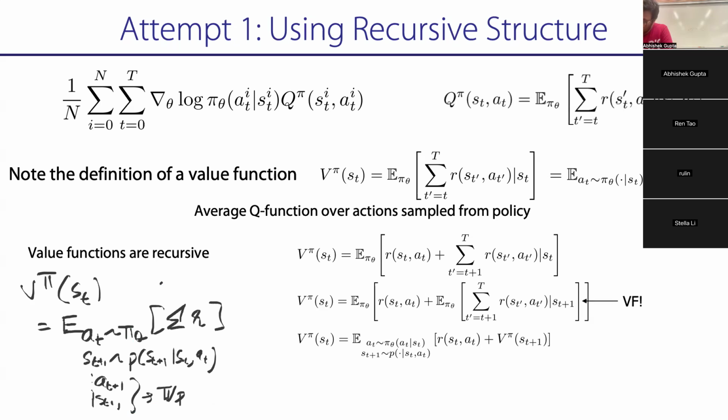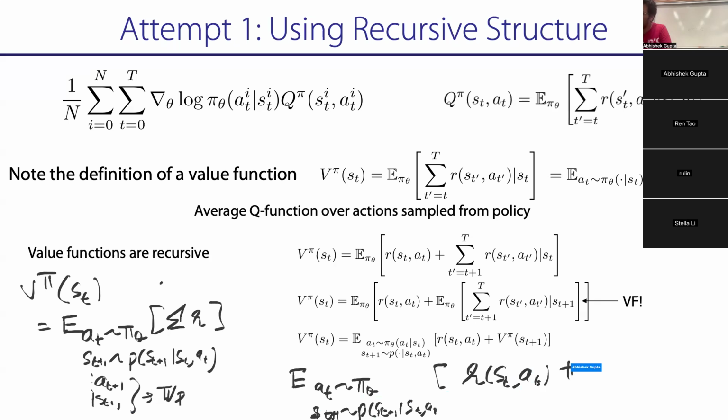Now, what we did by decomposing this was we said this is going to be the expected action A_t coming from your policy, your expected next state coming from your dynamics, of your first reward plus the sum of the next bunch of rewards, right?